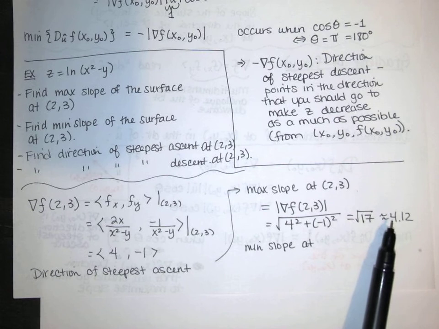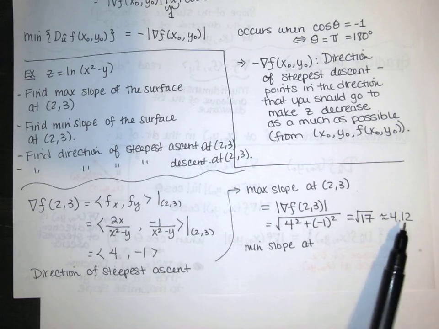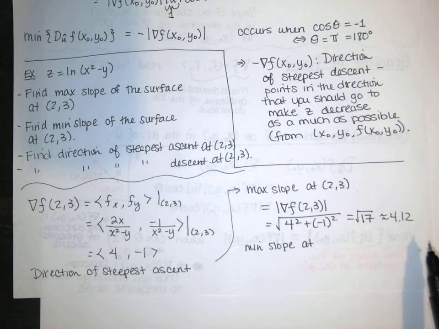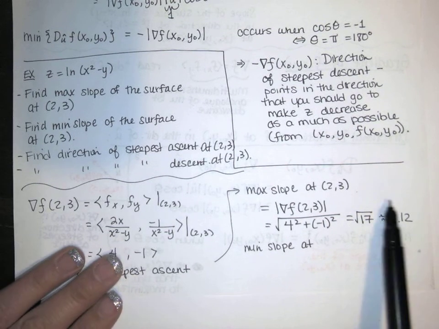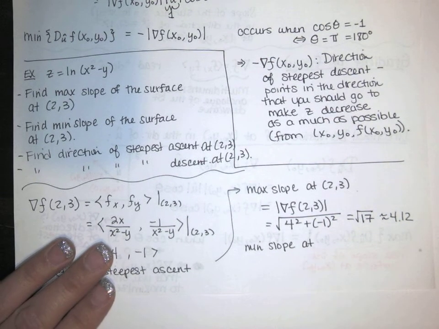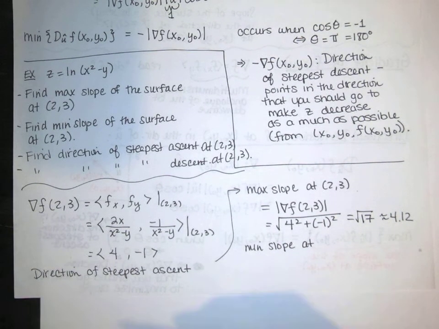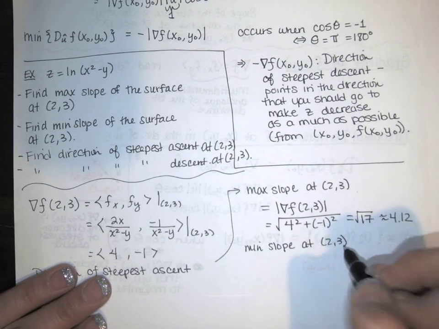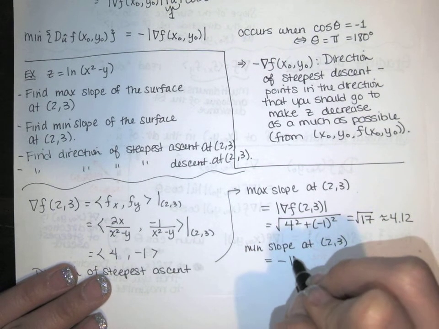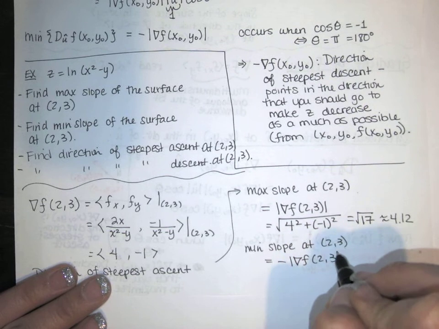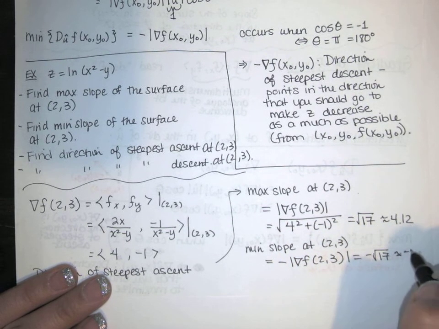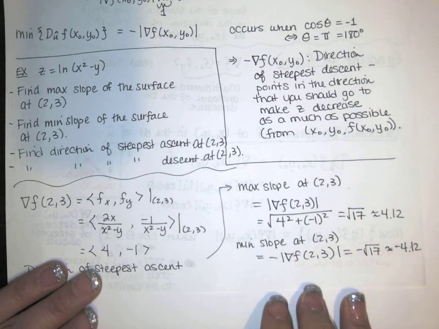If the z-values are going up by 4.12 as I go this way, if I turn around on my mountain, they're going to go down by 4.12 in the opposite direction. So the minimum slope at (2, 3) is the negative magnitude of the gradient at (2, 3). So it's negative square root of 17, which is negative 4.12.